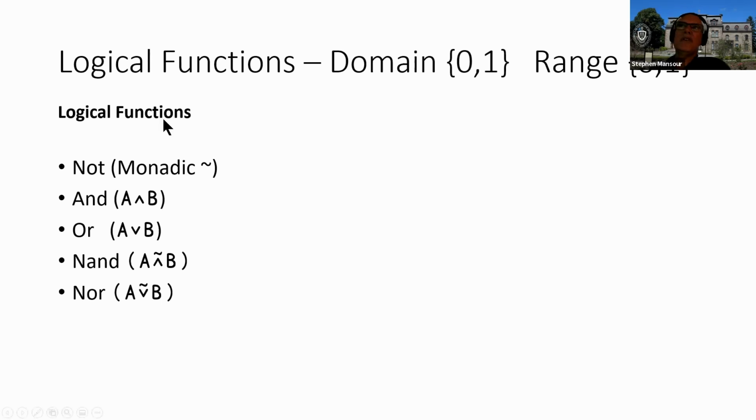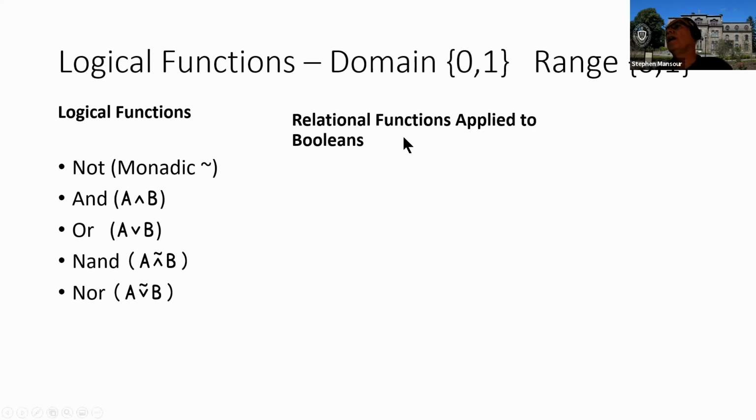Now, in addition to these basic logical functions in Dyalog APL, we can apply relational functions. We can take relational functions and apply them to Booleans. And these become simple logical functions if we restrict the domain of these relational functions. And so we can have if and only if: equals.